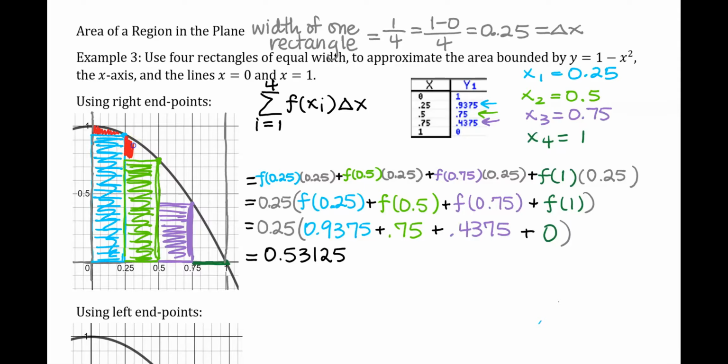Everything I'm shading in red is not being captured in this process. And so we have an under approximation. The area under this curve is actually more than 0.53125. Let's see whether we get an under or an over approximation when we look at left endpoints.